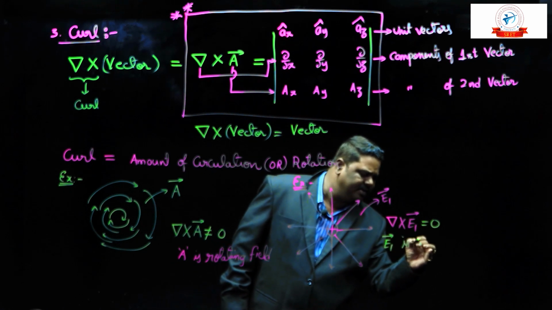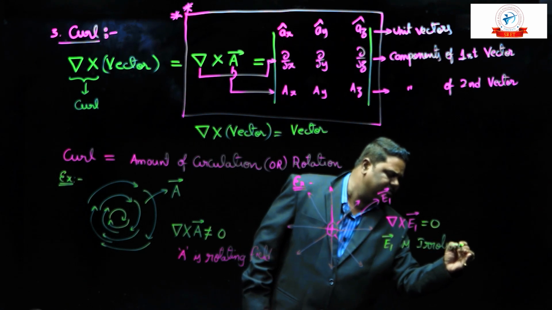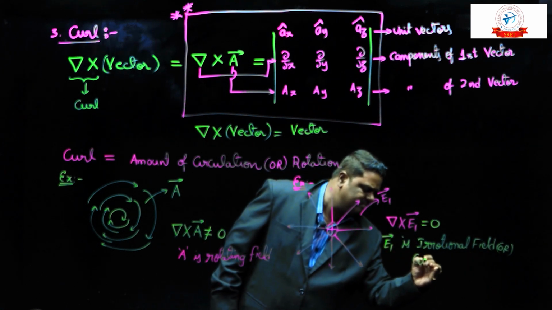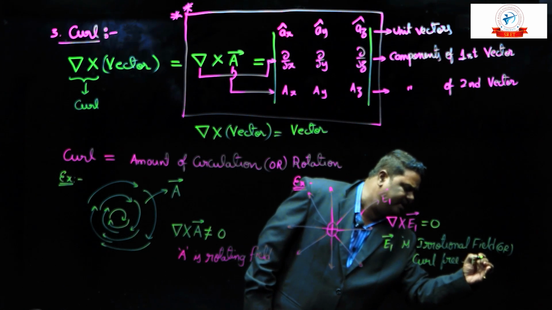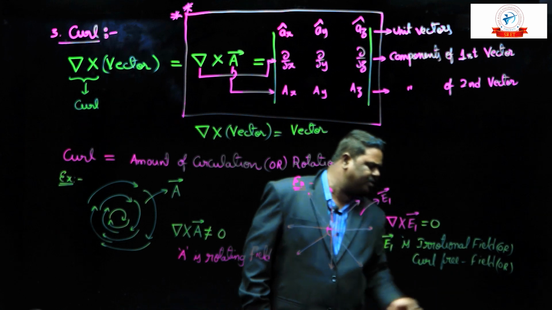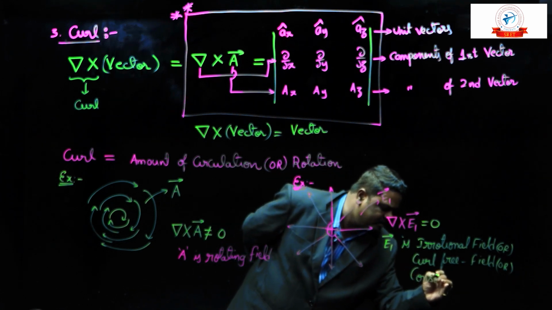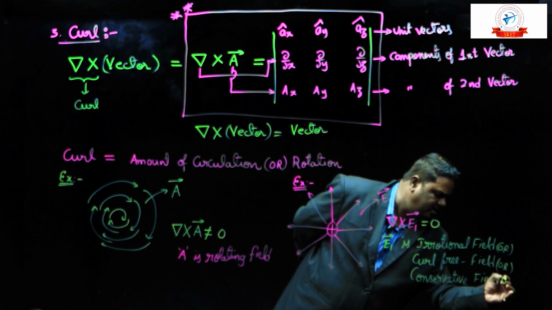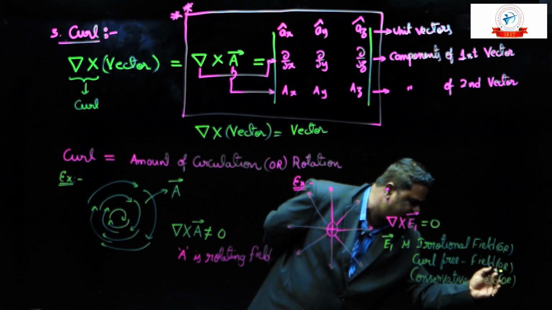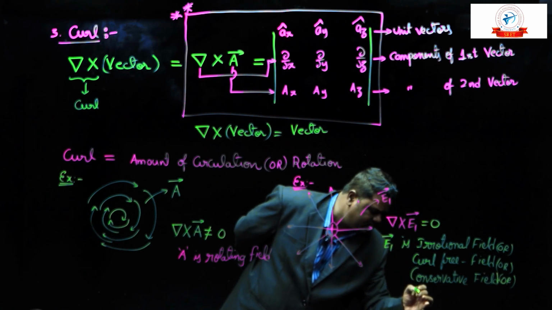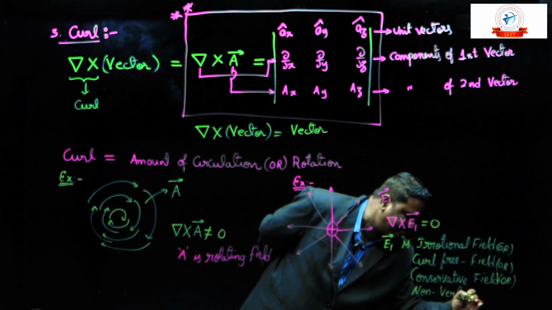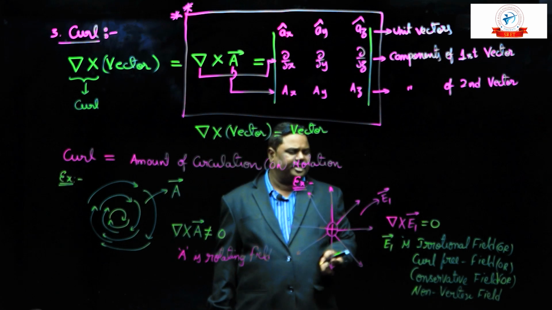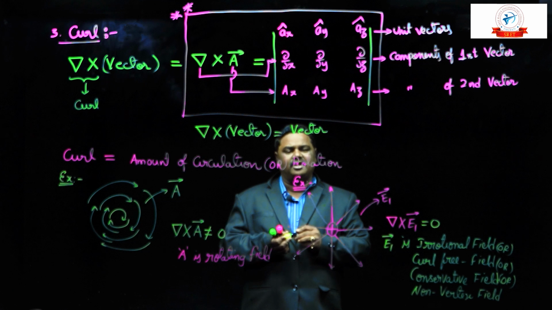E1 bar is called an irrotational field, or a curl free field, or a conservative field, or a non-vortex field. When the curl of any vector field is 0, we most frequently say conservative field, curl free field, or irrotational field.